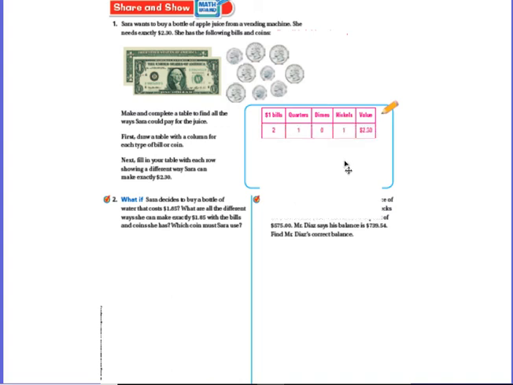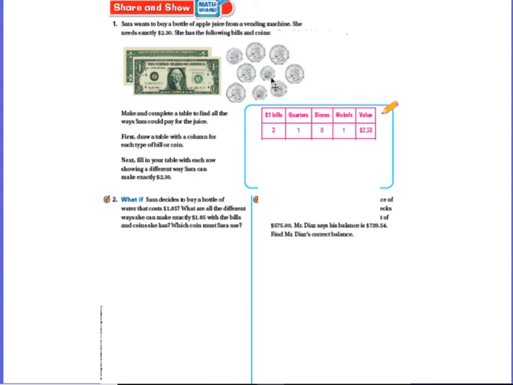So let's write down how many bills she has. She has $2 bills. She has 1 quarter, 0 dimes. If she had $1, 1 quarter, 0 dimes, 1 nickel, she would have what? So these are the coins she has.